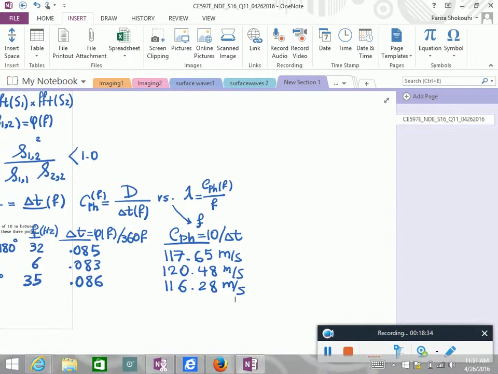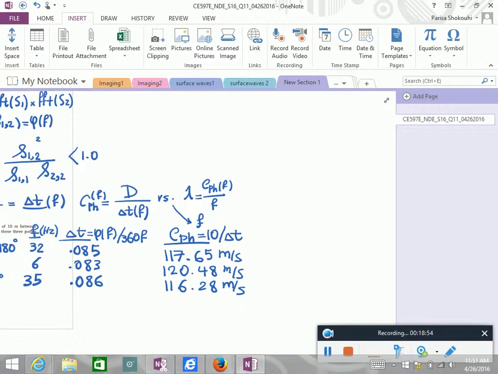Why is this velocity so small? Oh, because I just took 10 meter. I actually couldn't find in the paper what the distance has been, and I took 10 meter, just like that.